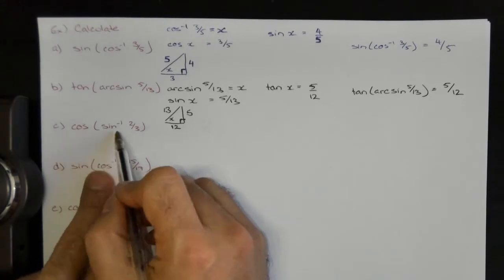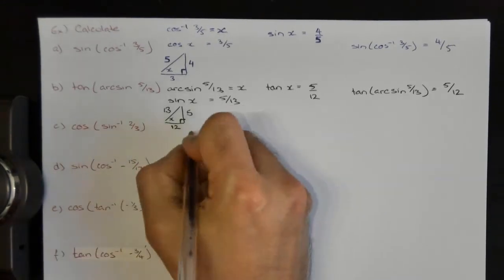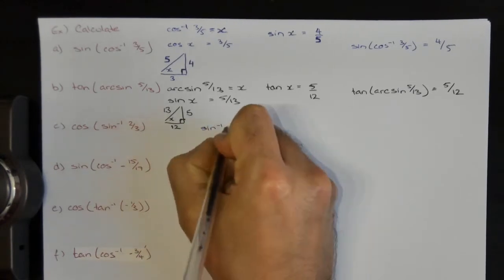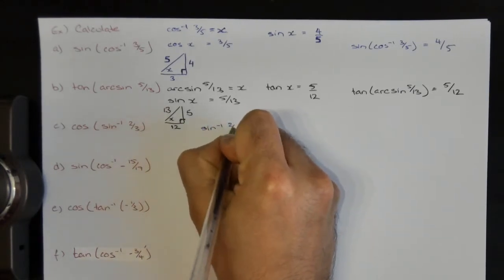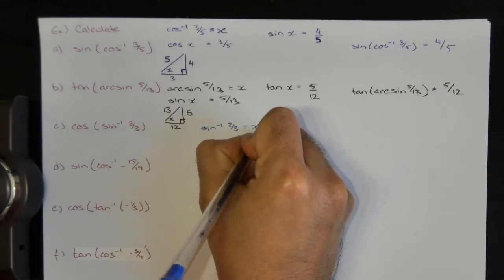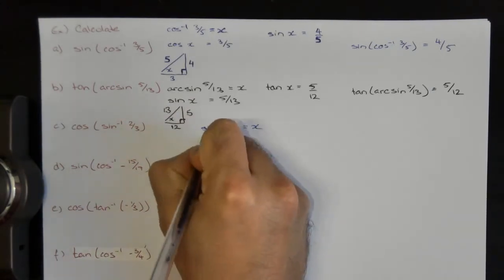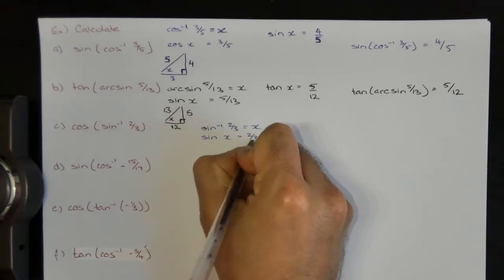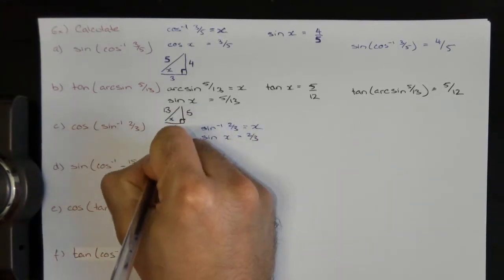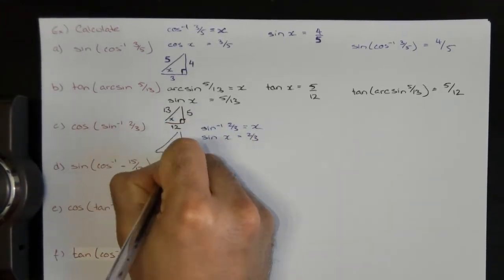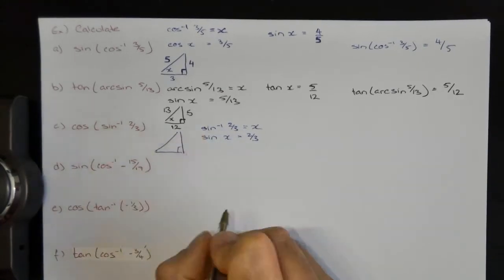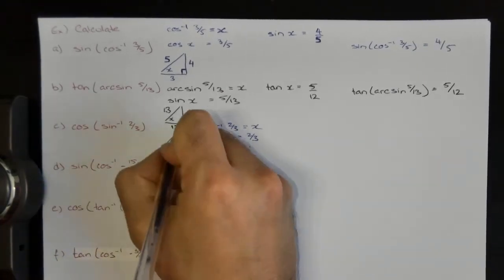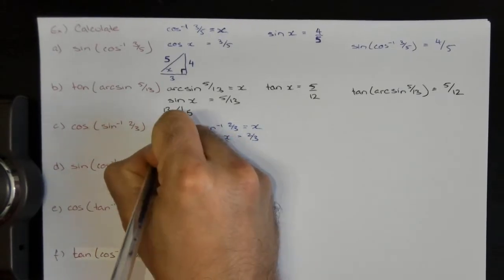Same thing, inside part first. Arc sine of 2/3, let's say that equals x, so sine x has to equal 2/3. I draw my triangle. That's my x. I've got sine, so I've got my opposite over my hypotenuse.